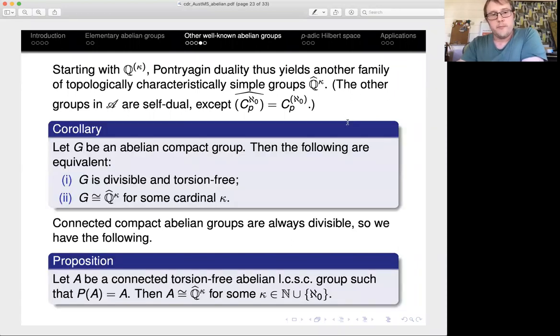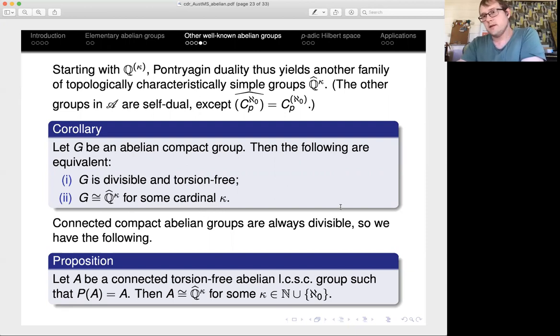So if we take the standard thing we had about divisible discrete abelian groups that were torsion-free, and then just throw it through Pontryagin duality, what we end up with is that the divisible torsion-free compact abelian groups are just Q hat to the kappa.